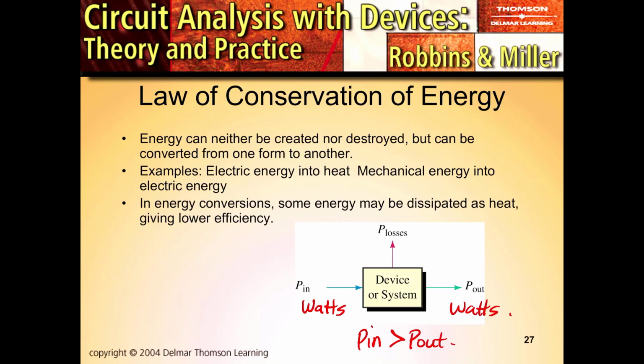And why is it always greater than P out? Because there's always losses. In physics, there's always losses and energy losses as a result of the work being done, and as a result, we have a value of P out that's less than P in. Or put otherwise, we can say that P in is equal to P out plus P losses.